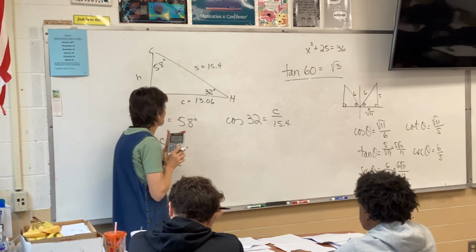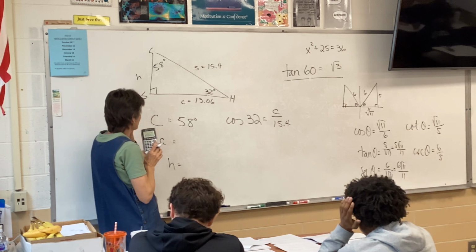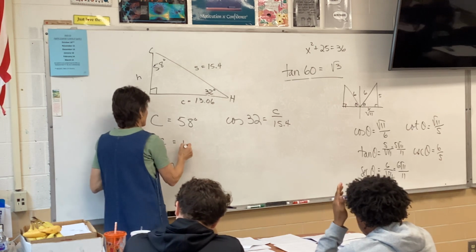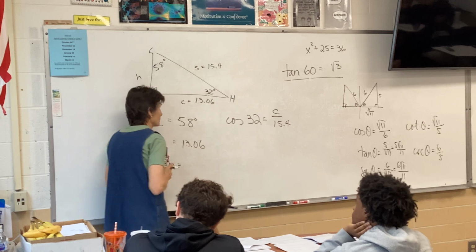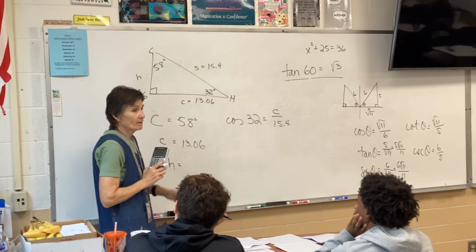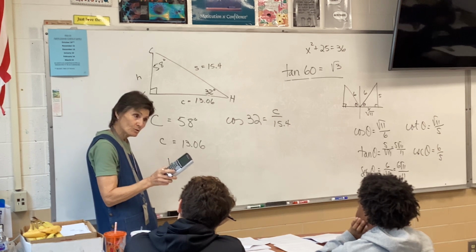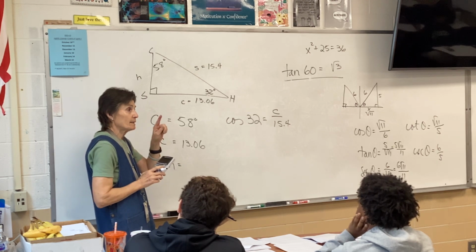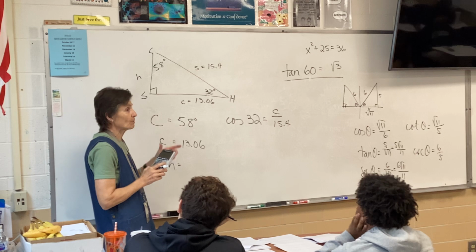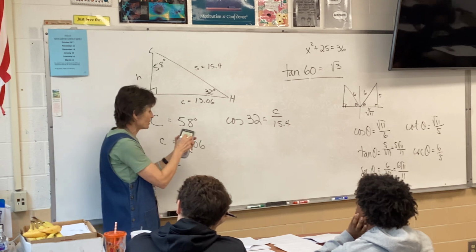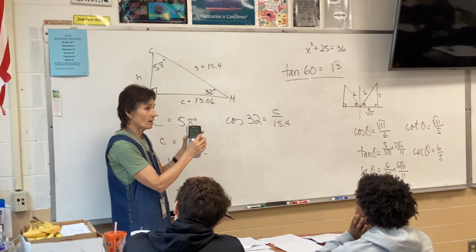Now, I gotta find side h. How do you wanna find side h? We could do the Pythagorean theorem. Now, kids, if you're gonna do the Pythagorean theorem, then I want you to use the number that's on your calculator.